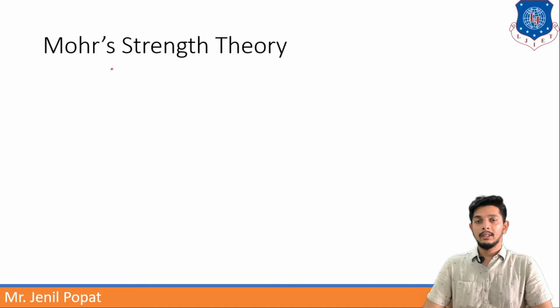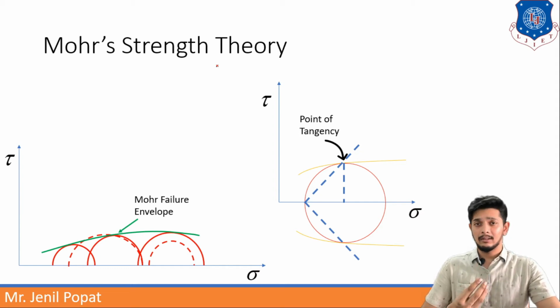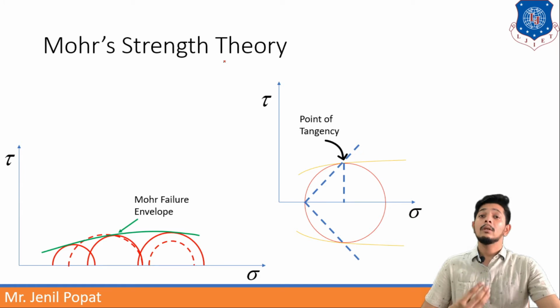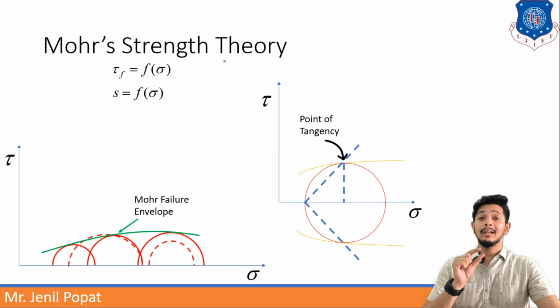Mohr's strength theory is based on a hypothesis of soil failure. Mohr's hypothesis is that at the time of failure of soil, at the failure plane, the failure shear stress is a direct function of normal stress. That means we can write tau f, the shear stress at failure, is a function of sigma, the normal stress.